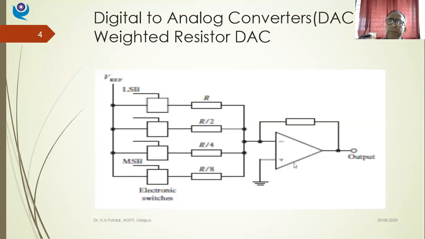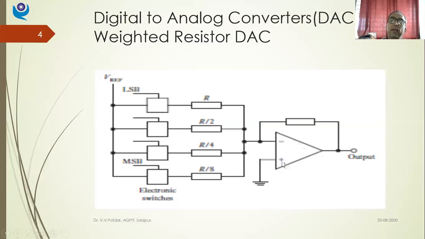Once again, we are talking about analog signal conditioning devices, right? So we have an op-amp here, which can be a voltage follower or current follower or a comparator, as we have seen in various applications, or a summing amplifier or a subtracting amplifier. It can be used in a variety of roles. Here we have one op-amp.